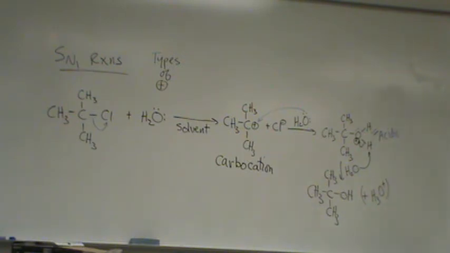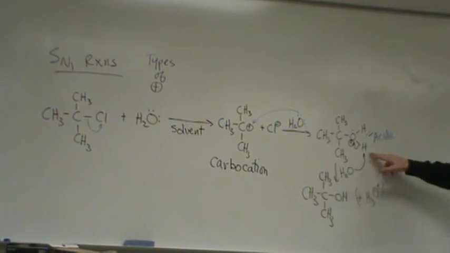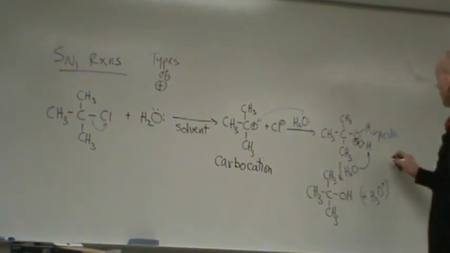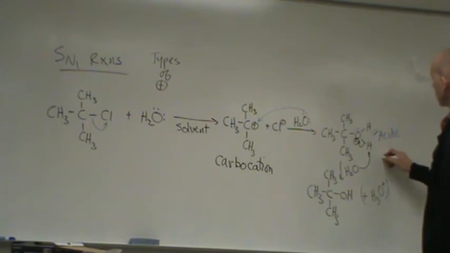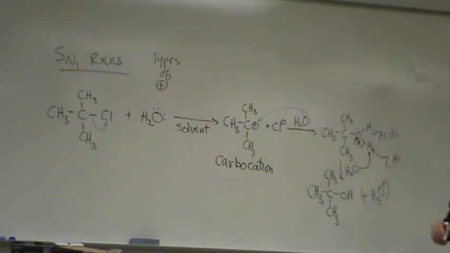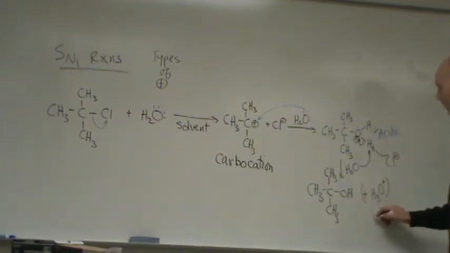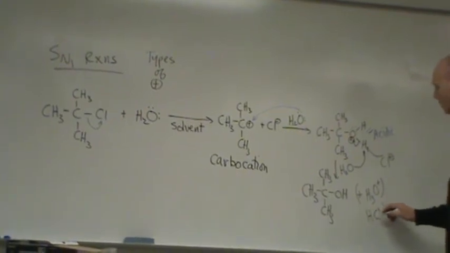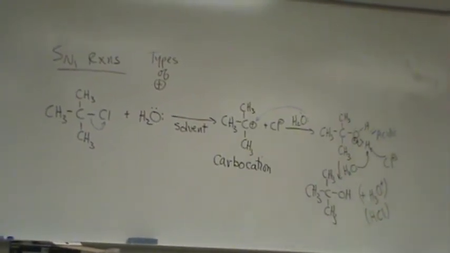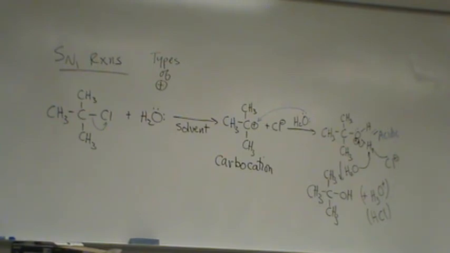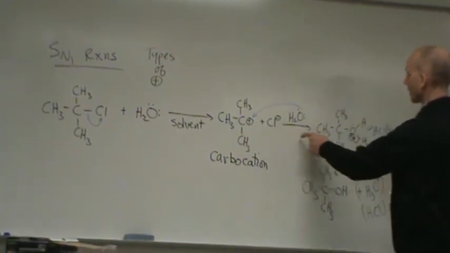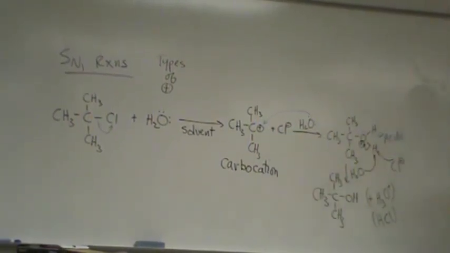So either the water could come, or Cl minus could take that and give you HCl. So you probably have a mixture here. Good observation. So the Cl minus we got here could come and form HCl.